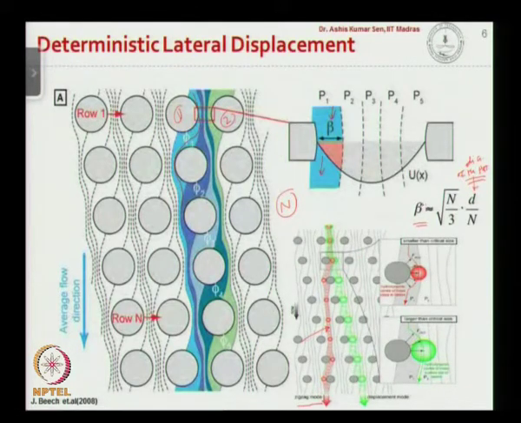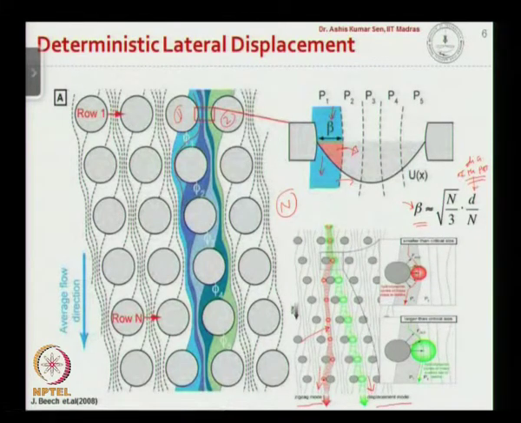If the radius of the particle is greater than beta, then it will move from this stream into the next stream. Okay. So as you can see along the green line, the particles having radius greater than beta will get displaced into the next streamline, and it will keep on getting displaced, so that it gets into the displacement mode and the particle will exit there.